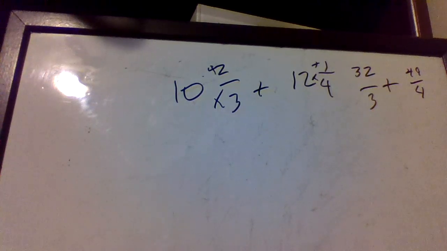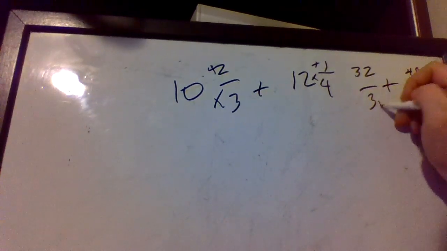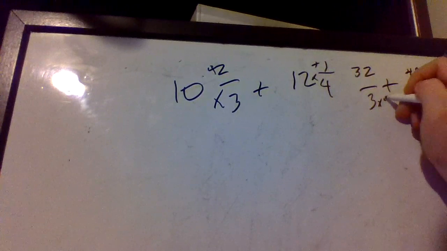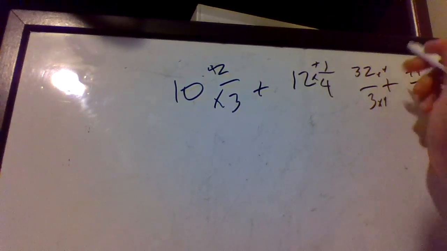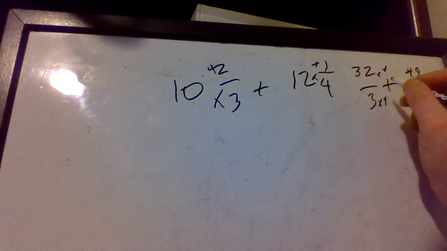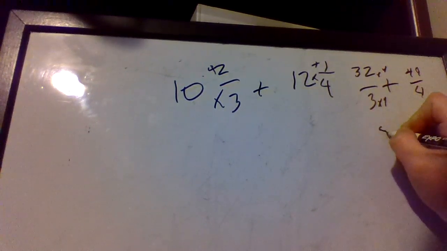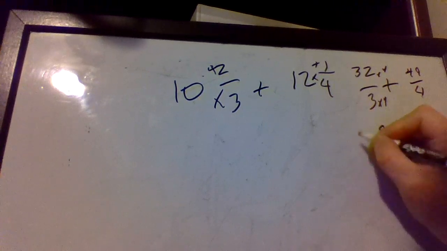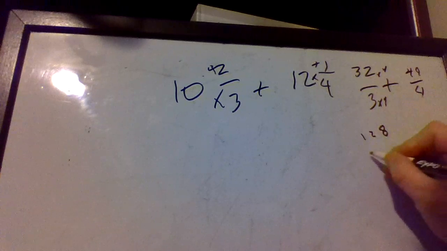Now, let's multiply. And this is why this is not my preferred method. So, 32 times 4. 2 times 4 is 8. And 3 times 4 is 12.